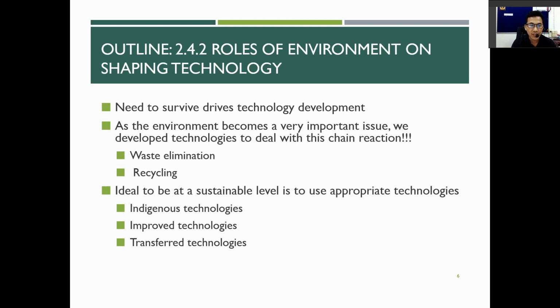Additionally, as the environment becomes a very important issue today, we develop technology to deal with this chain reaction, right? Something like elimination. We have a problem right now. We have waste everywhere, and we have to get rid of it. Most of it comes from overuse of technology as well. We gotta do some recycling and everything.